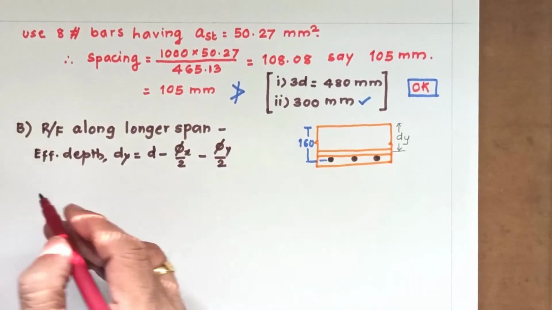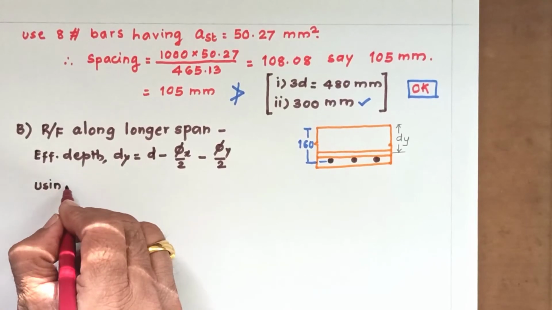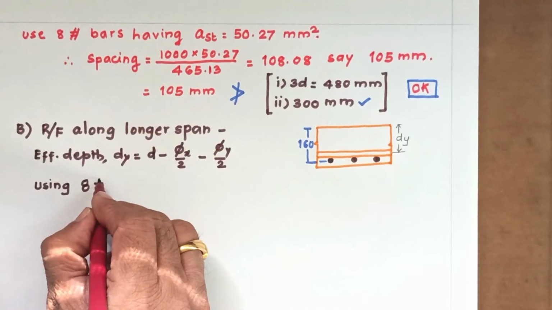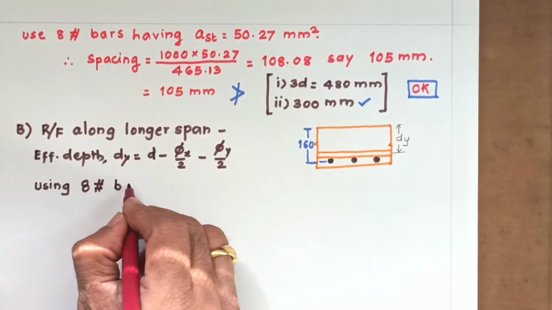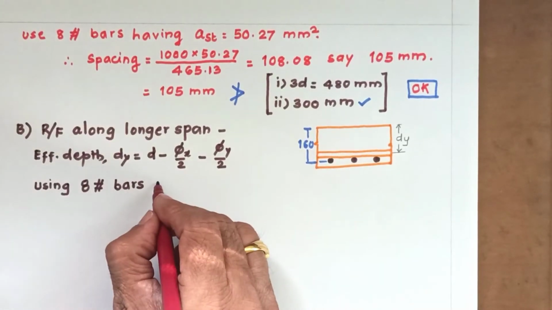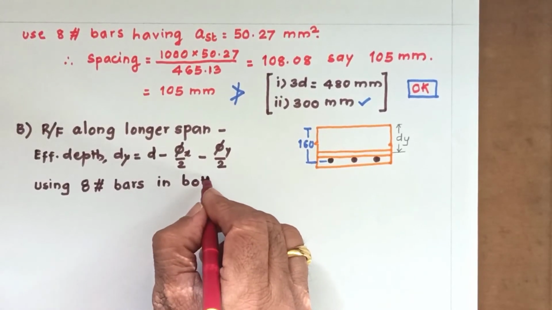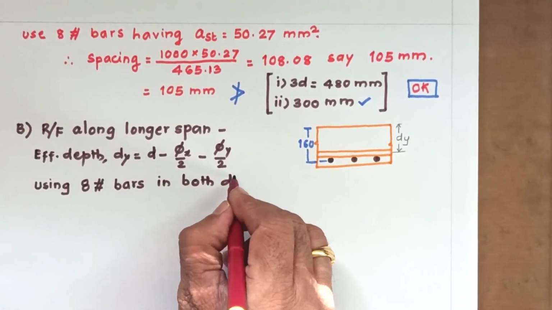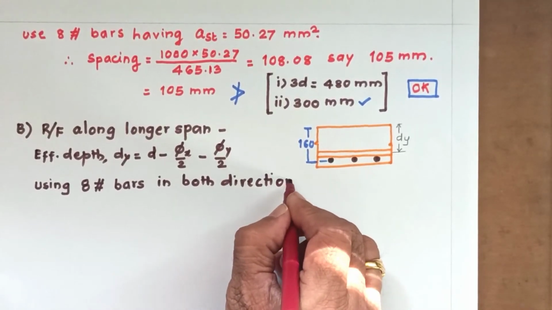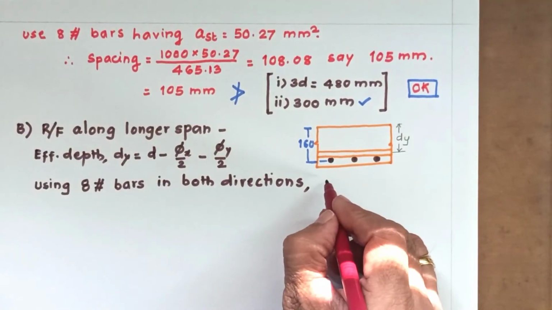So using 8 Tor bars in both directions, what will be dy?